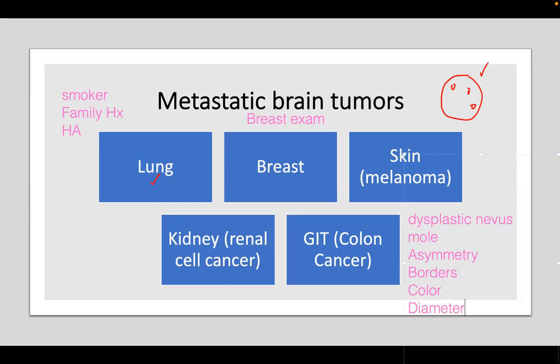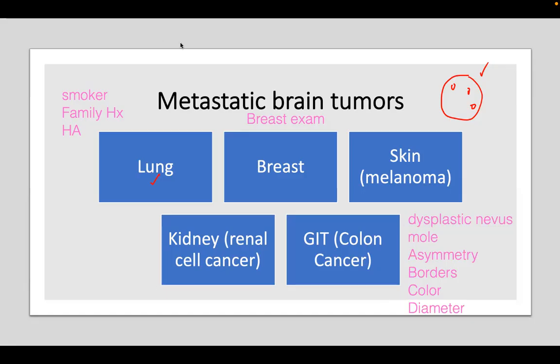You have a rapidly increasing mole, the ABCDs. These raise the possibility that you might be dealing with a melanoma.